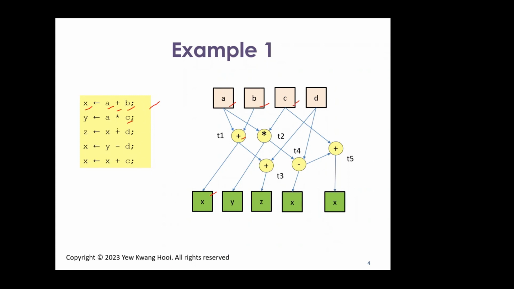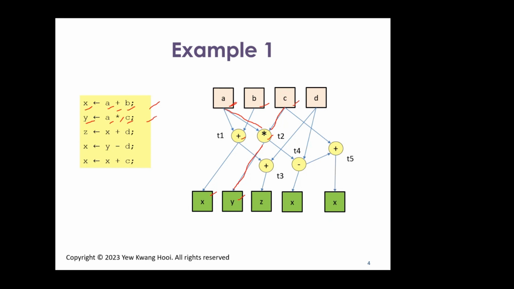So A multiply C. We don't have multiply yet here, so we add multiply here. A multiplies C, which gives us Y, right?